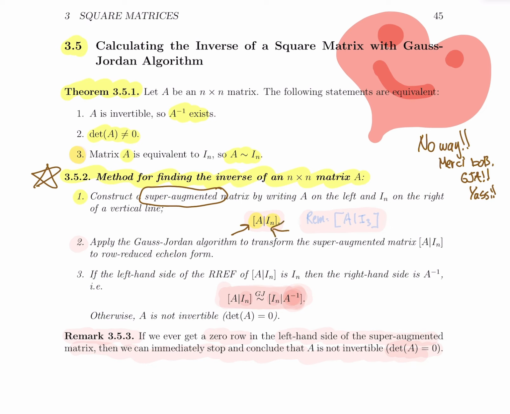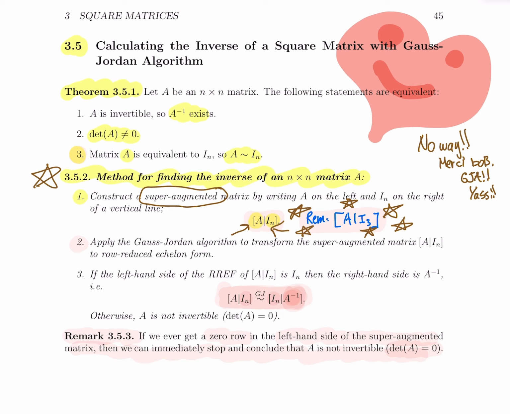As a small remark, since we have a formula for 2 by 2s and we don't care about 1 by 1, we're going to augment our 3 by 3 matrix with the identity matrix I_3.